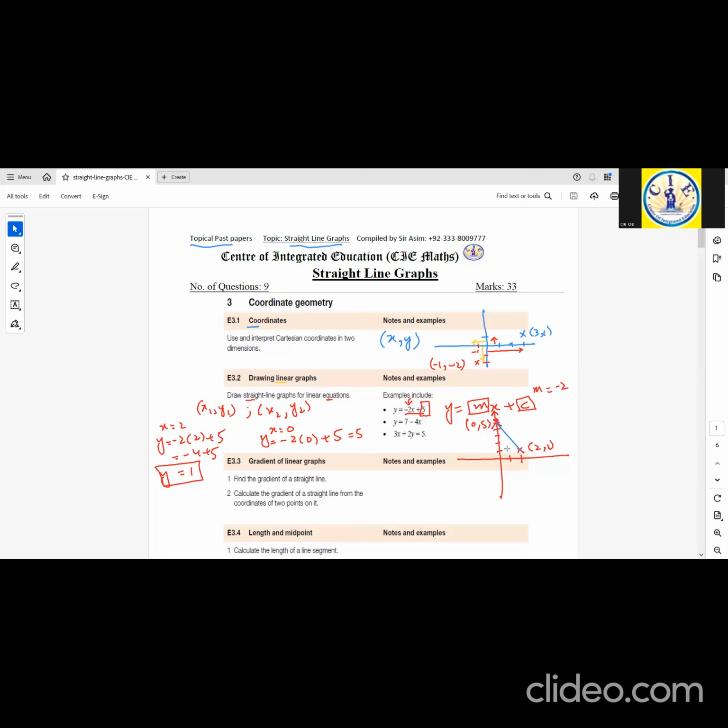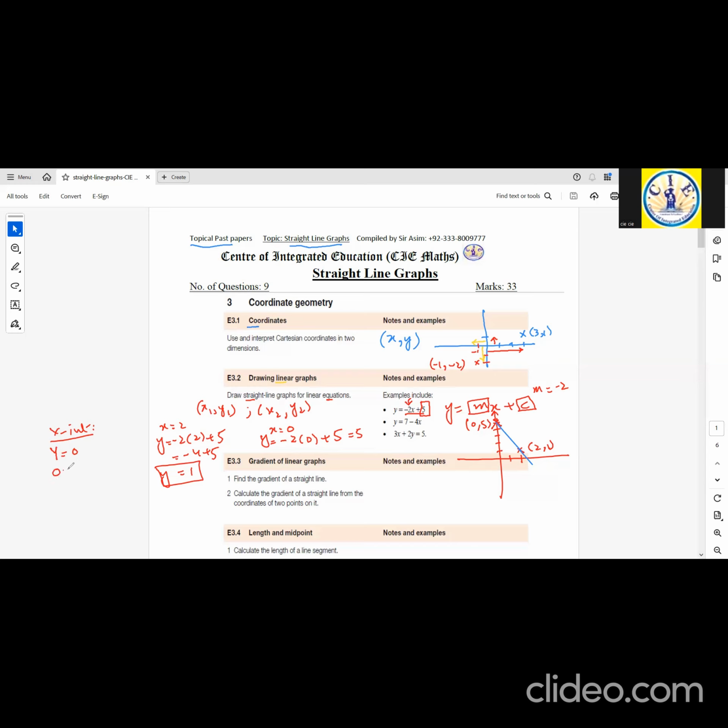And now I need to see where this line is going to intersect the x-axis. We can find out that point by calculating its x-intercept. X-intercept is the point where the graph cuts the x-axis as this one. So for x-intercept, we put y is equal to 0 always.